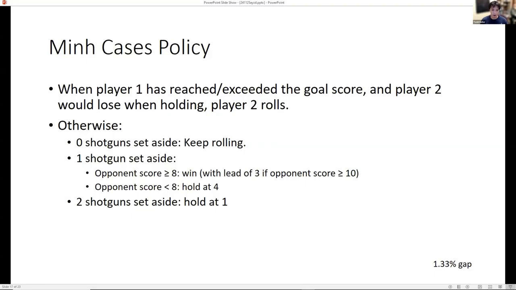That is when the opponent's score is greater than or equal to 8, then the current player is going to go for the win or exceed the opponent by 3. And other than that, if the opponent's score is smaller than 8, the current player is going to hold at 4. So with an additional constant added to the fixed hold policy, the gap compared to the optimal play is closed down to 1.33%.